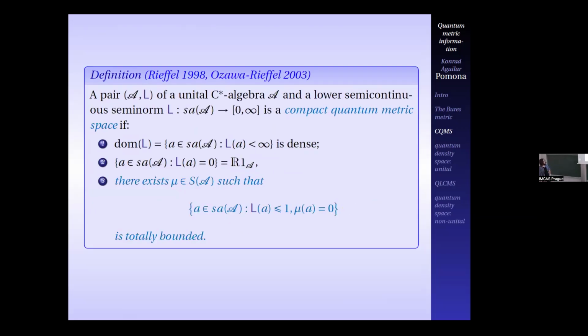Thankfully, Arielchan also mentioned this other one. Here I'm now being careful to be on the self-adjoint elements. This appeared in a paper of Ozawa and Rieffel: we have this equivalence for the metrization of the state space. As I mentioned, this is basically there to get rid of the scalars, because if you don't have this condition, then scalars have Lip norm less than or equal to 1, in particular 0, so they're in this set.